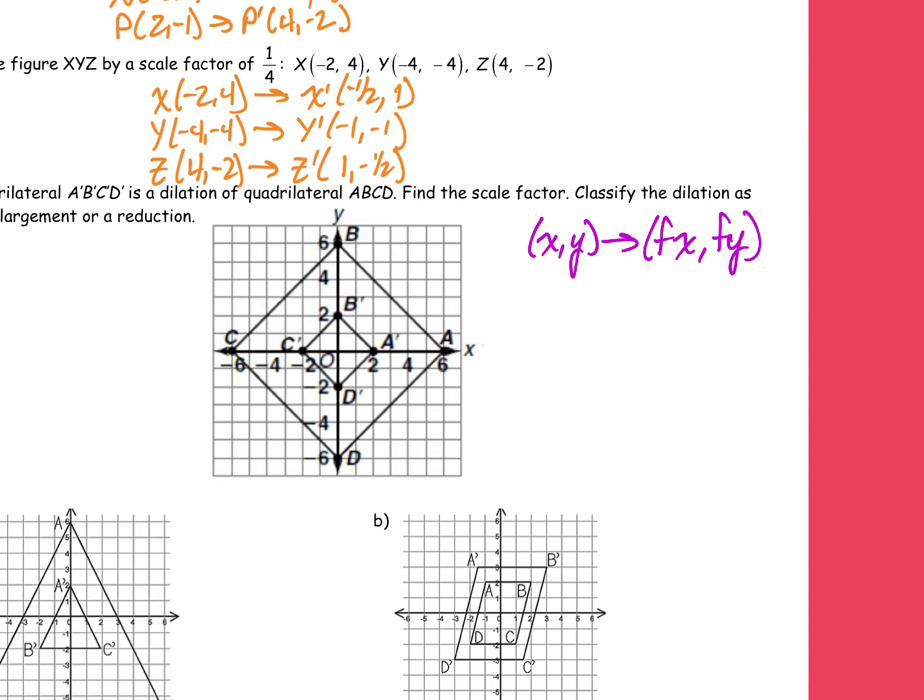B? Okay, we're going to use B. Where is B at? 0, 6. So I've got 0, 6. And then where is B prime at?